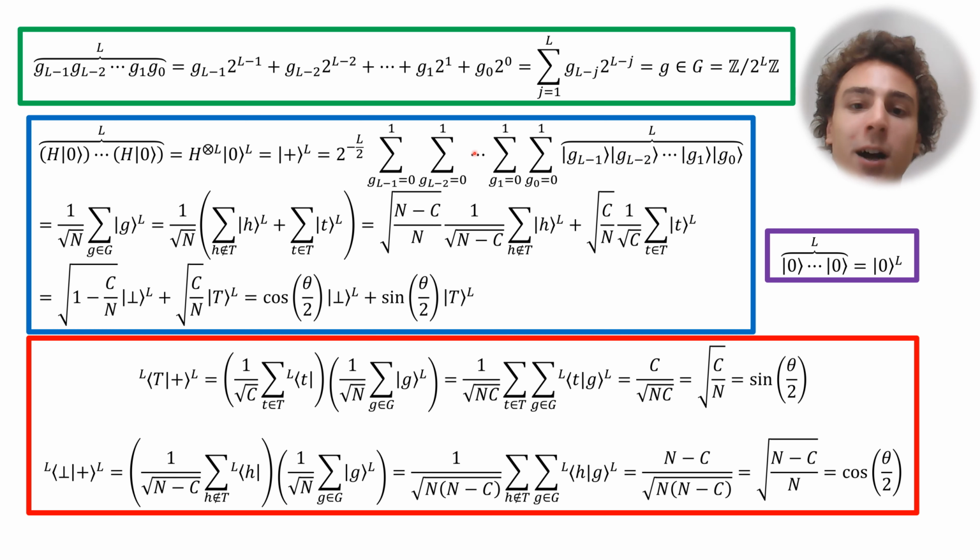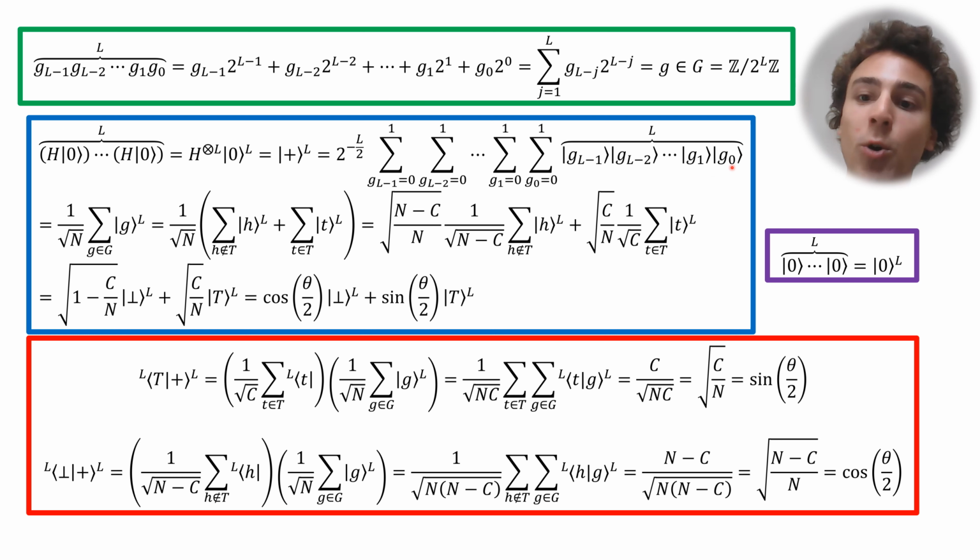But if we go back up to this big expression, we can see the individual qubit states. And we can also imagine tensor product symbols in between. So we're going to use the tensor product to combine all of these single qubit states into an L-qubit computational basis state. So G sub L minus 1, G sub L minus 2, all the way down to G sub 1 and G sub 0, these are bits. And they're either going to be 0 or 1.